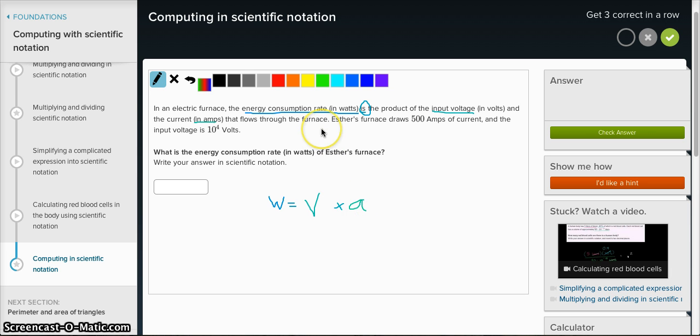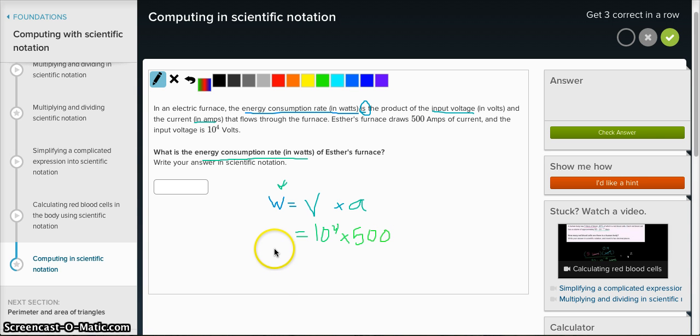Cool. And it's asking me what is the energy consumption rate in watts, which I call W. So I know that it equals the input voltage, which they tell me is 10 to the 4th, times the amps, which is 500 amps. Cool. And it wants it in scientific notation.